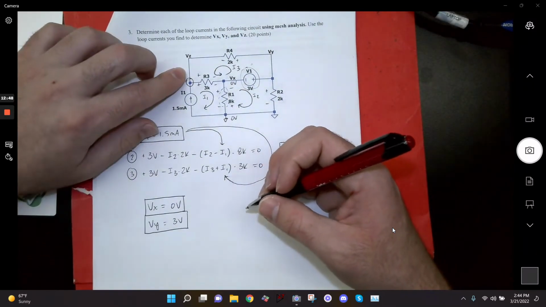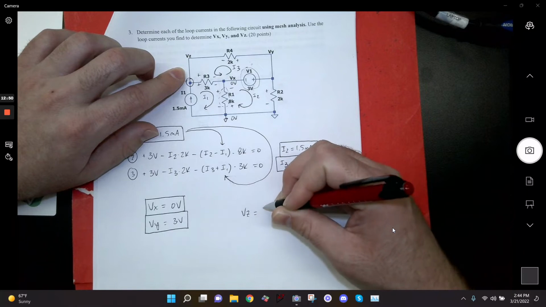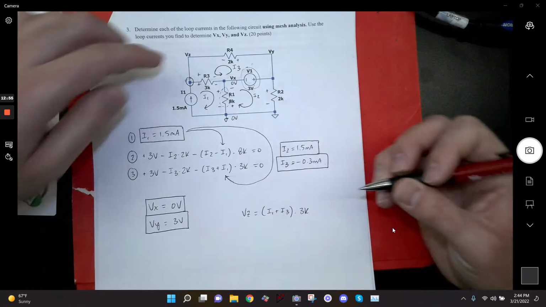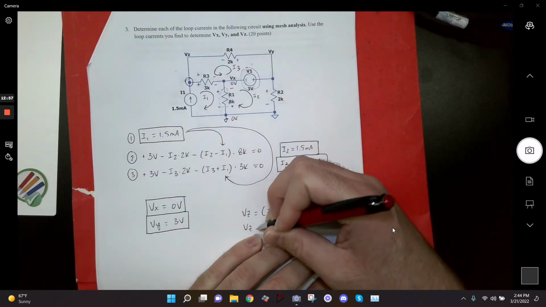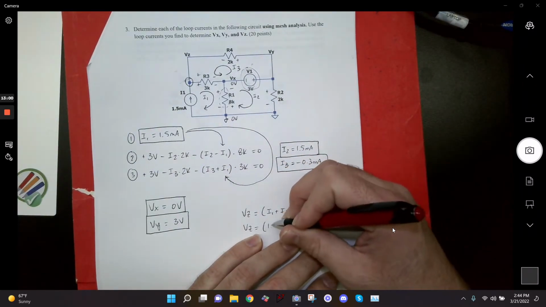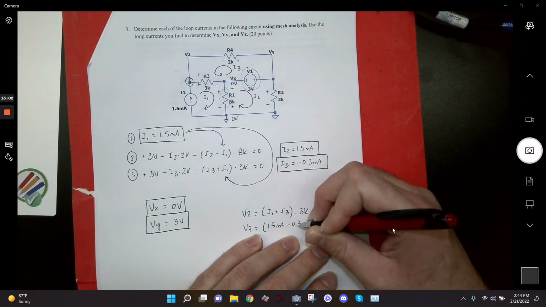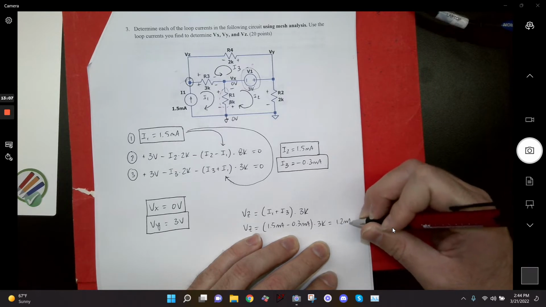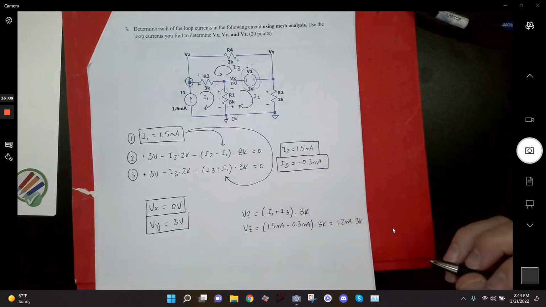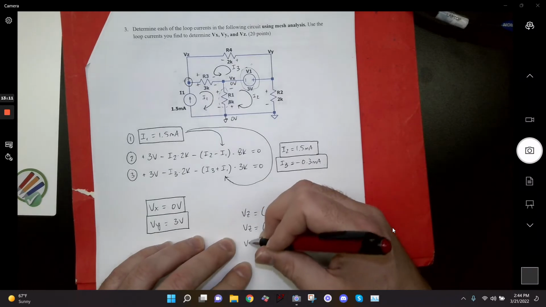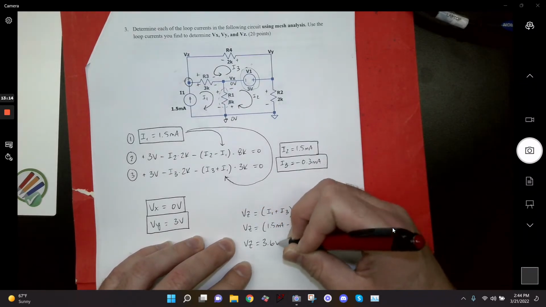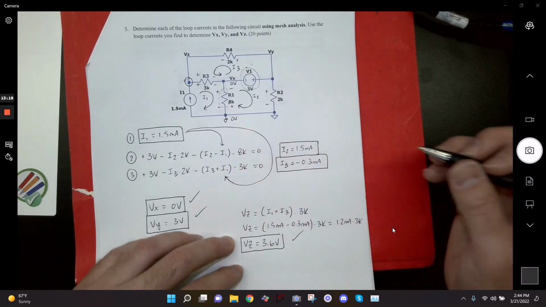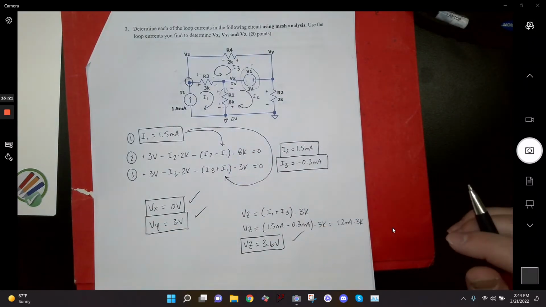So this Vz is going to be equal to I1 plus I3 times 3K, or basically 1.5 milliamps minus 0.3 milliamps times 3K, which gives me 1.2 milliamps times 3K, and that's going to give me 3.6 volts. So now I got my voltages. Any questions about anything I did there?